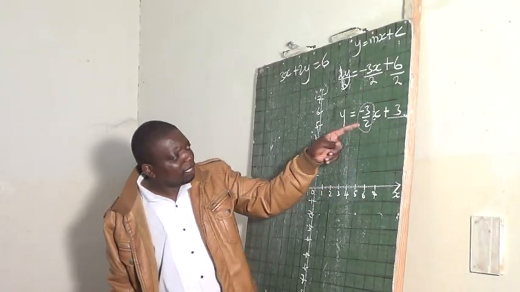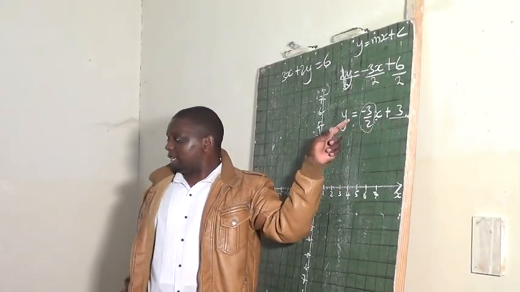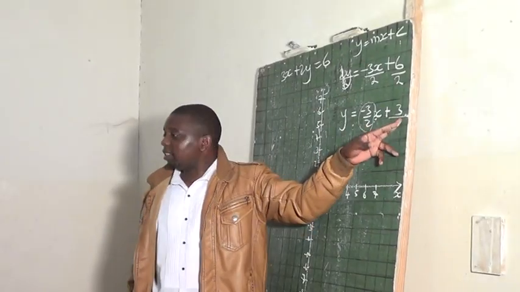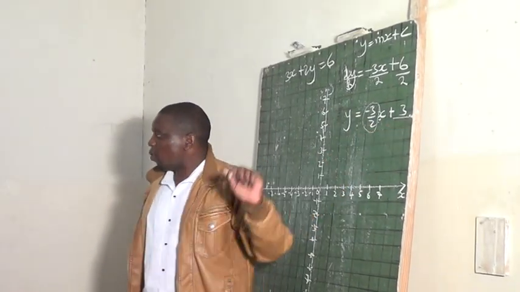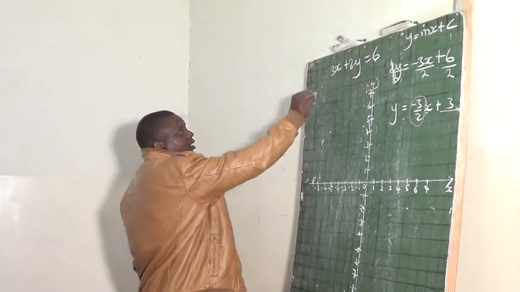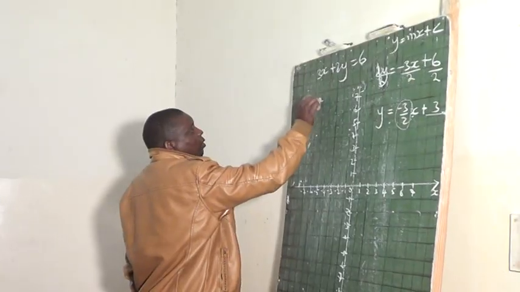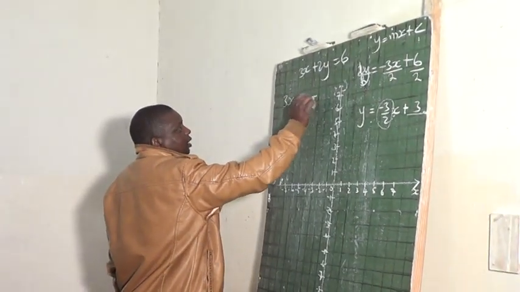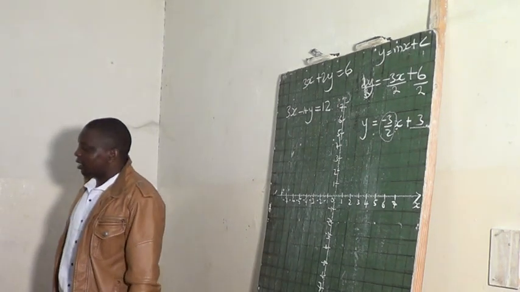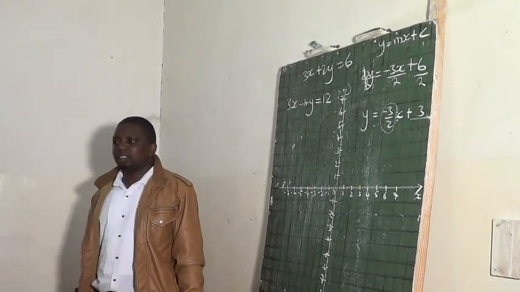So this coefficient of x, now that y is the subject of the formula, gives the gradient, and this 3 gives the what? Y-intercept. Right. 3x minus 4y is equal to 12. What is the gradient and what is the y-intercept?